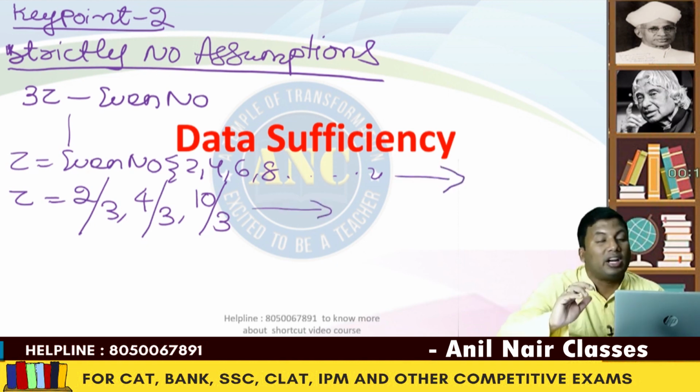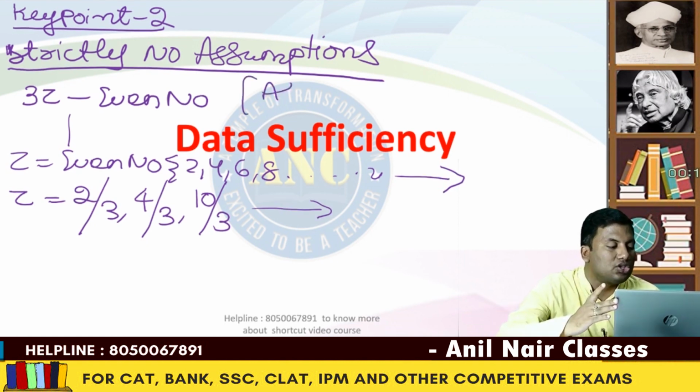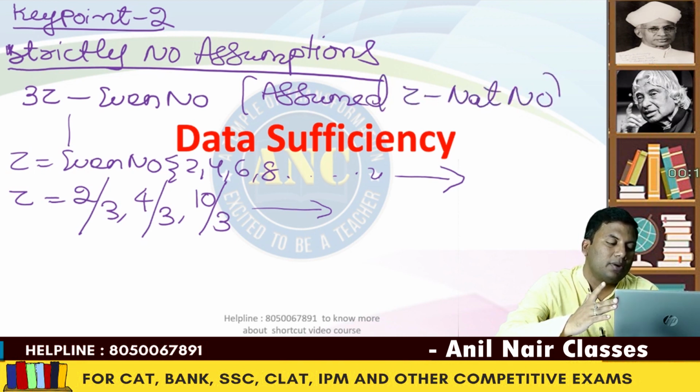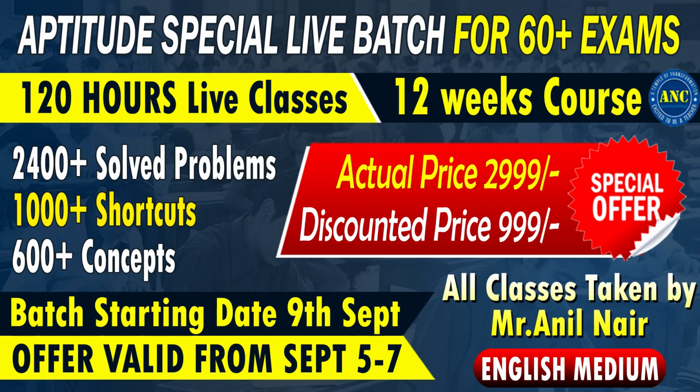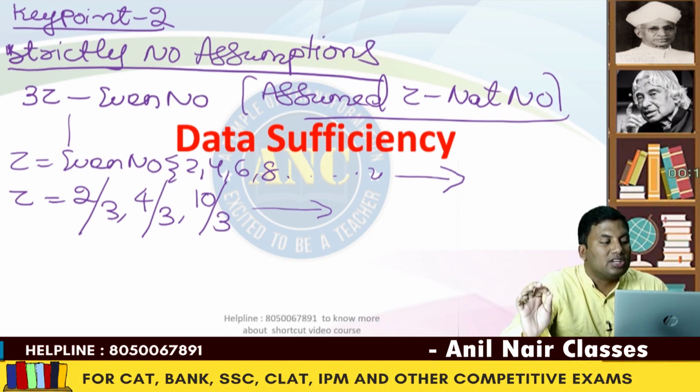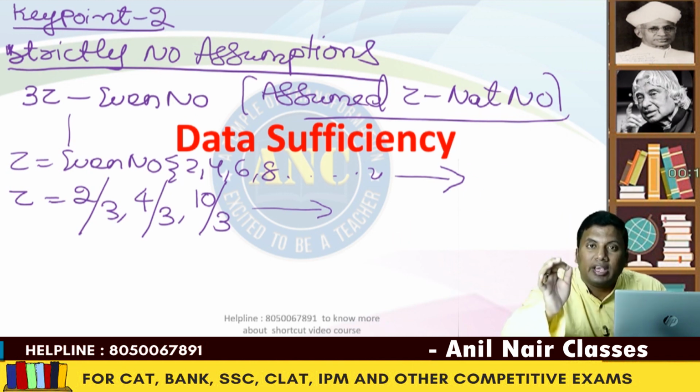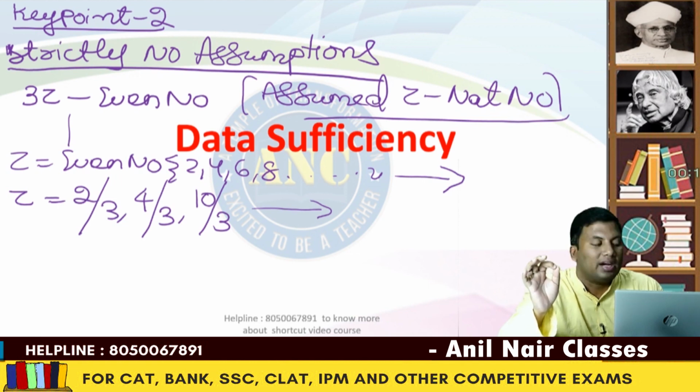What is the mistake you made? You assumed z to be a natural number. This is not possible in data sufficiency. If nothing is specified about a variable, that variable is considered to be a real number.